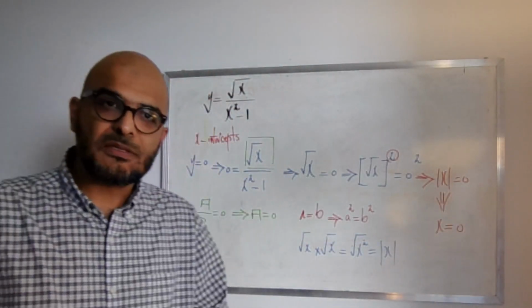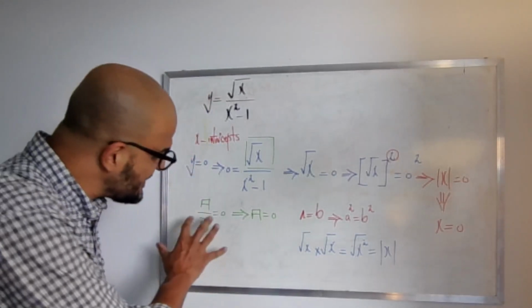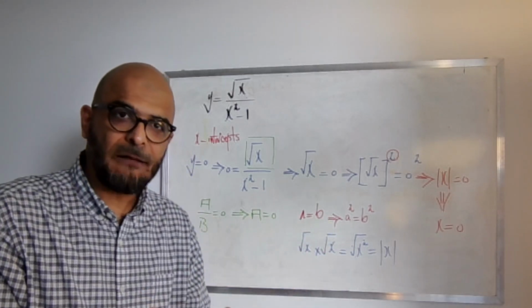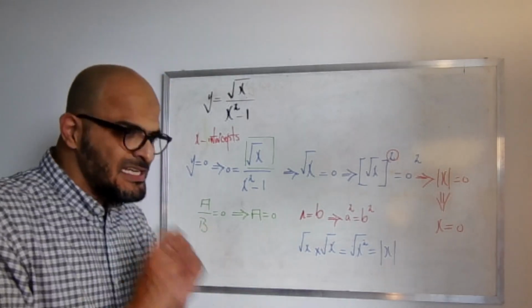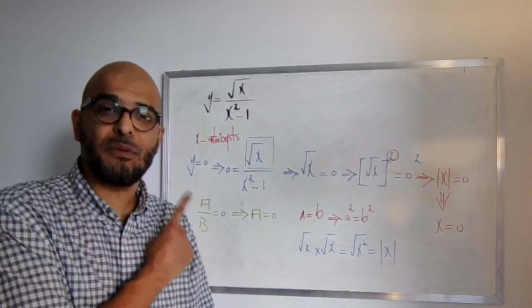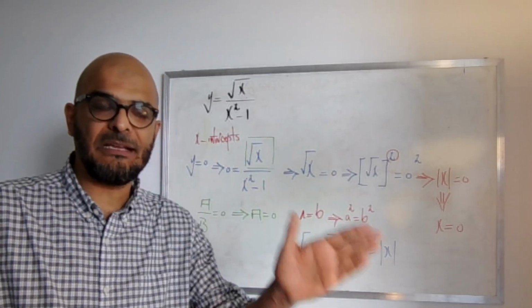So by doing these very simple steps, using some key things we needed to remember from basic algebra, we saw that the x-intercept, the first clue we had to find in order to plot this function, has to be necessarily 0.